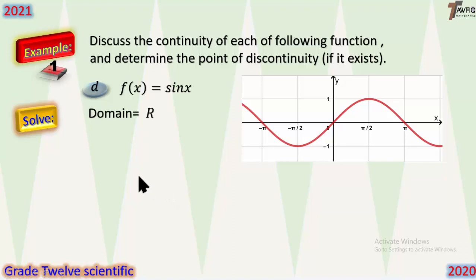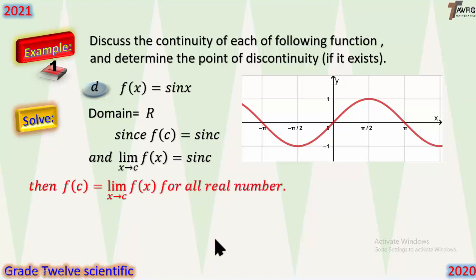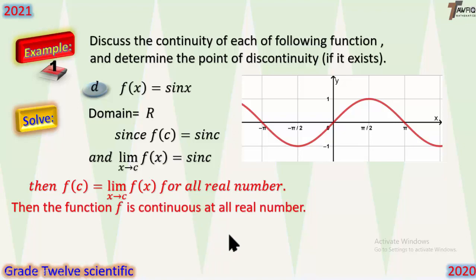Let x be any number, let x equal c. Then f(c) is sine of c, and the limit as x approaches c is sine of c. Sine of c is equal to sine of c. Therefore, the limit is equal to the function value, and the function is continuous at all real numbers.